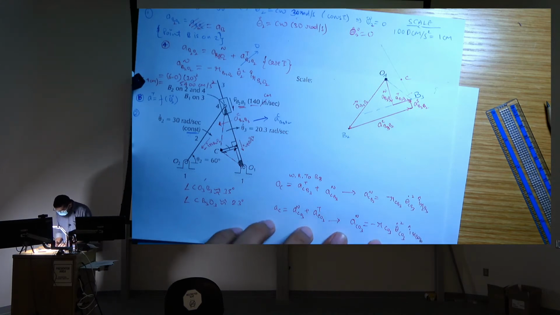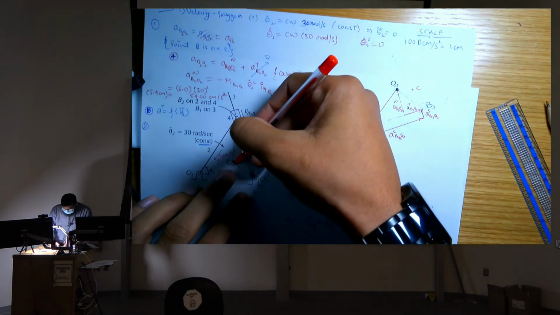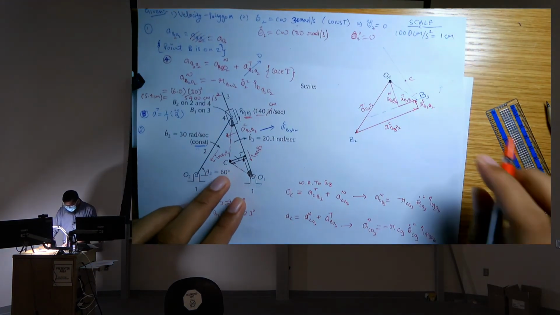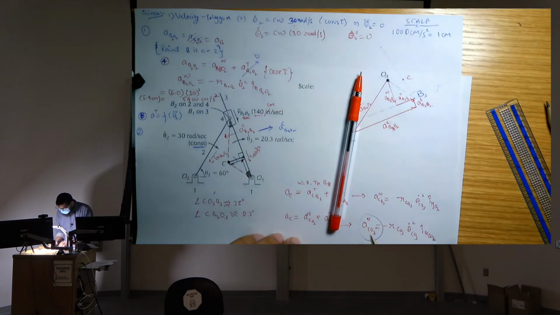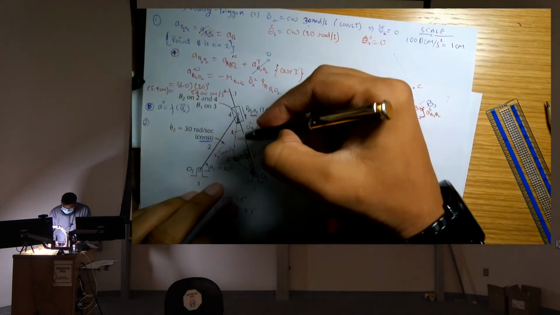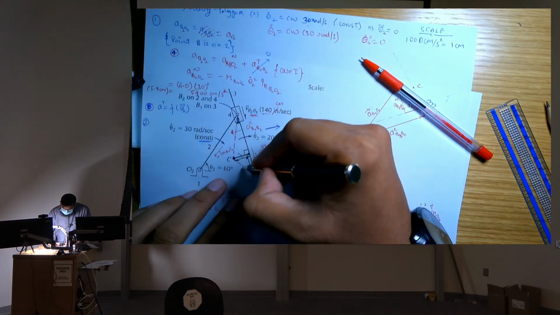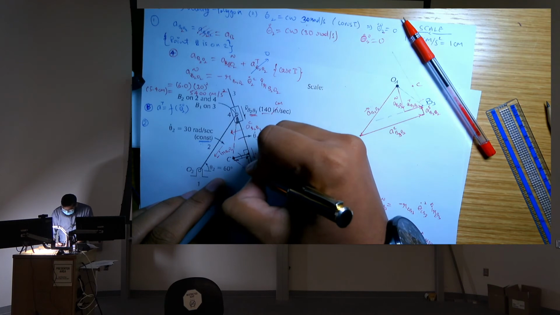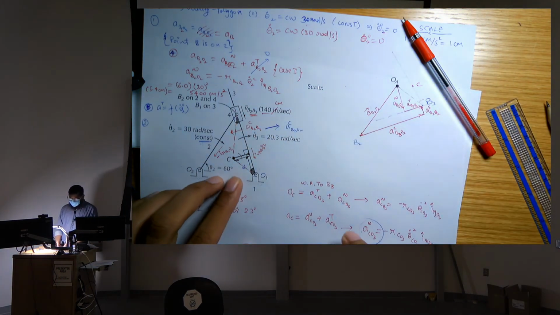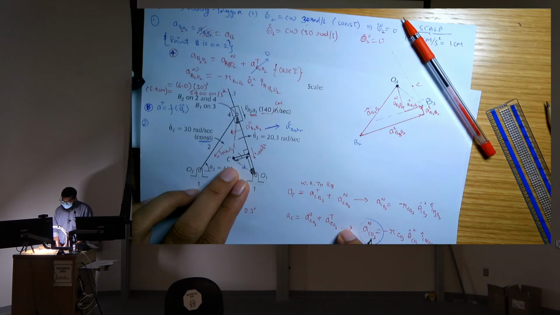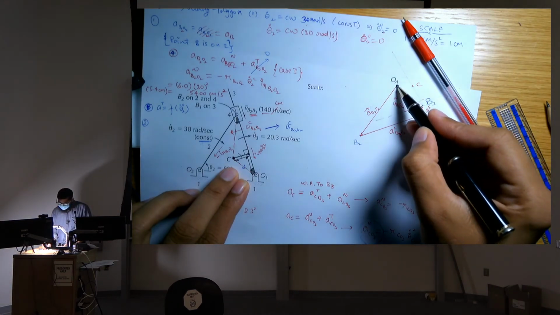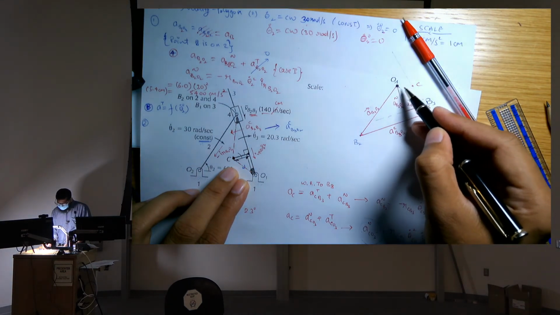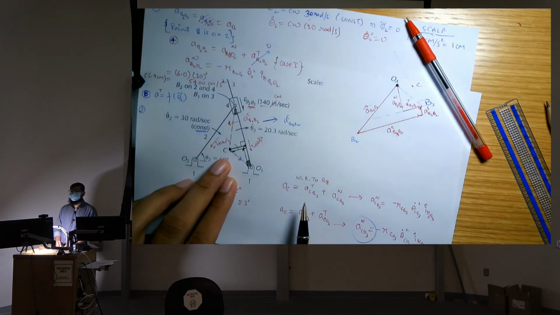So this is the direction of the A normal CO3 component. This is CO3, so the direction always lies along this line, starting from O3 and going to C. That's how we got the direction.